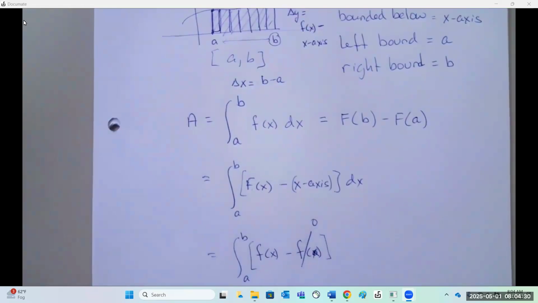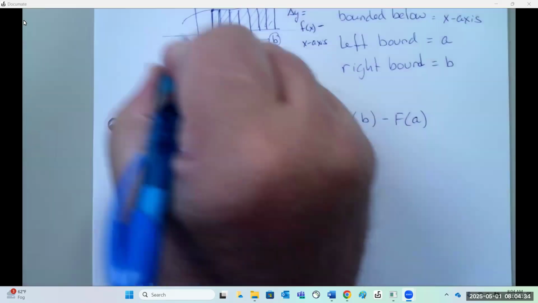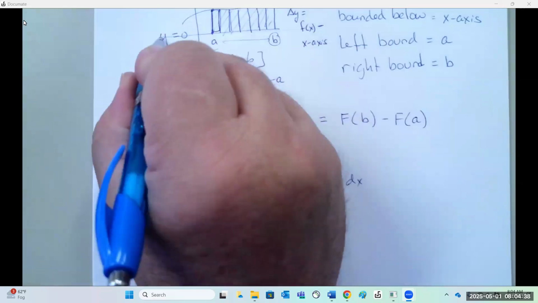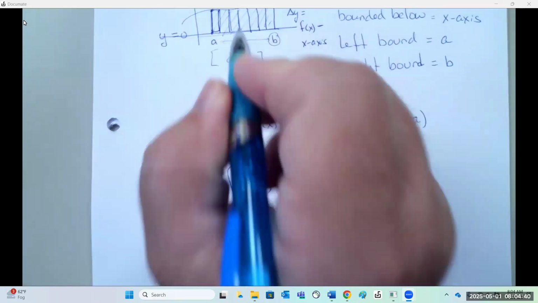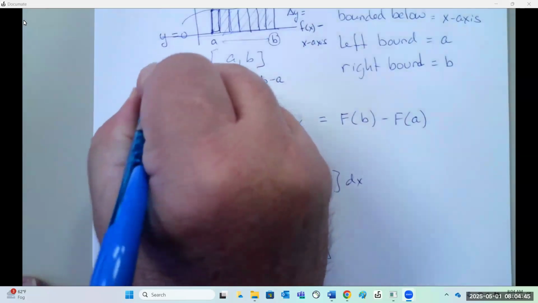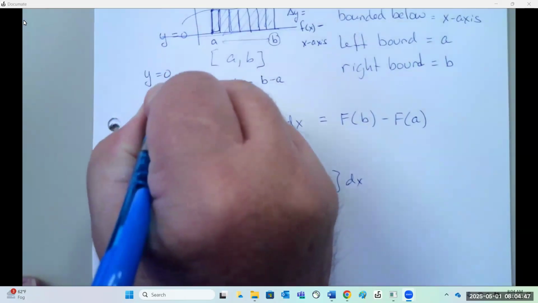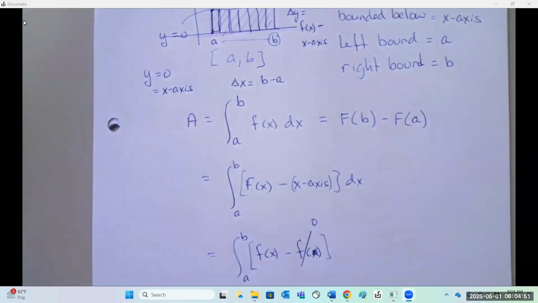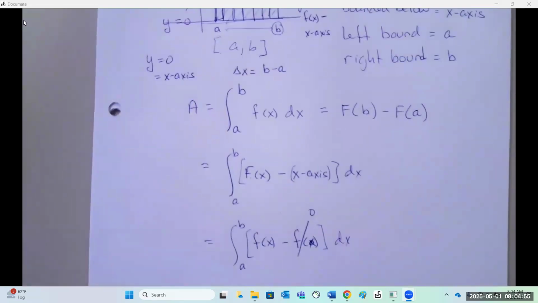The x-axis equals 0, because this is the y-axis, it equals 0. So at y equals 0 is the x-axis. So y equals 0 equals the x-axis. So we've been doing this all along.